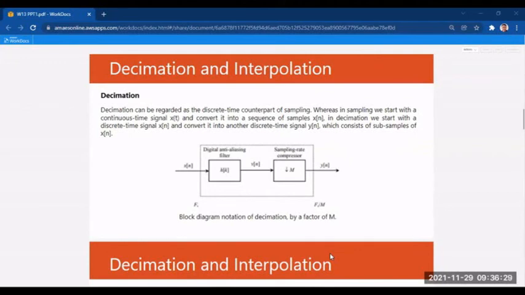Aliasing is due to a sampling rate lower than the Nyquist rate. The subject of aliasing and decimated signals is covered more in the preceding topics.